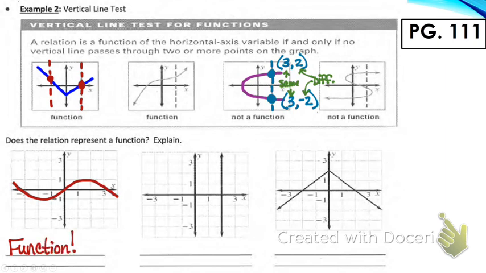As my reason for that, I could say that it passes the vertical line test, because that's another way of checking our inputs and outputs. A lot of times we'll use VLT to mean vertical line test, because it's a lot shorter to write.